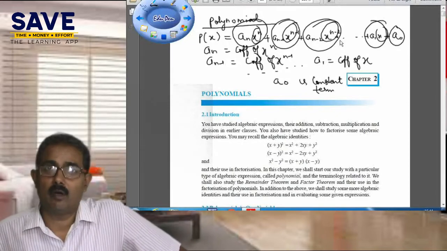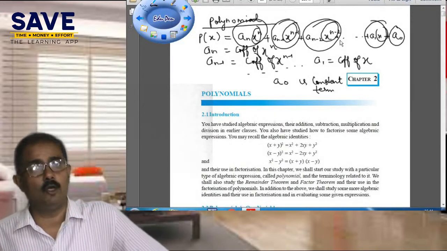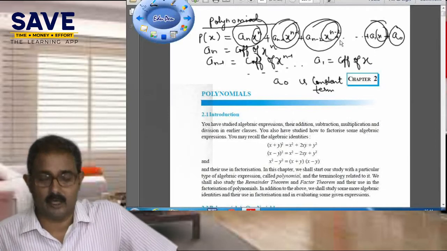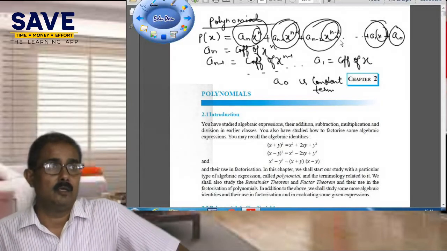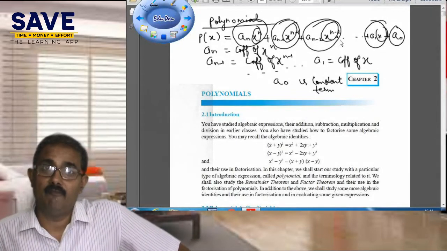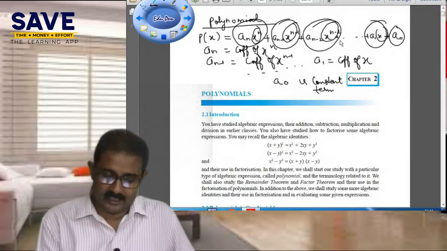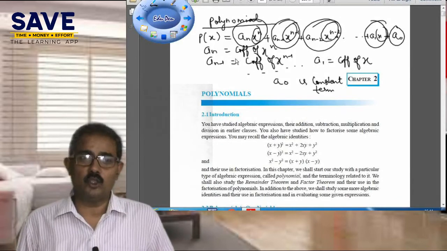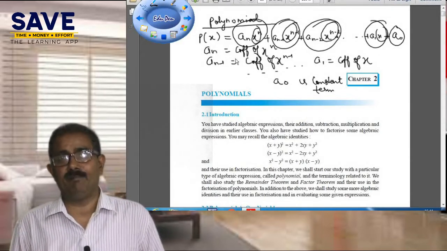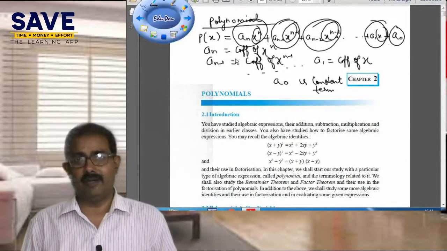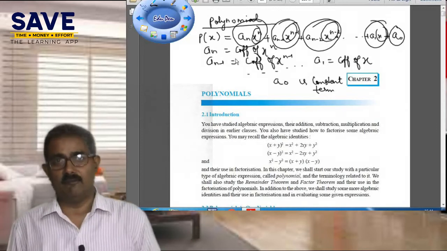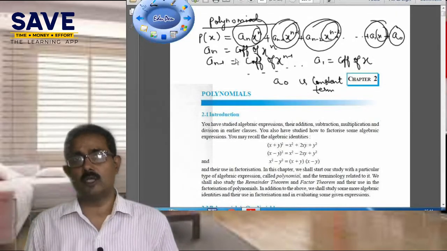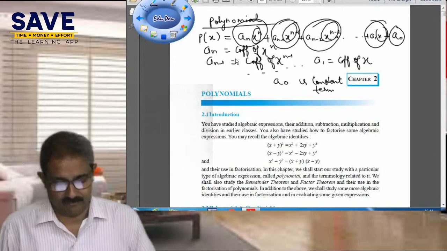Negative और फ्रैक्शन में नहीं आना चाहिए, वो पॉलिनोमियल नहीं होता है. वेरिएबल्स की बात कर रहा हूँ मैं. It is about the variables. The coefficients or the constants can be in square roots or can have any power, negative power, positive fractions or square roots. But the variables should not be in square roots or any fraction or negative powers.